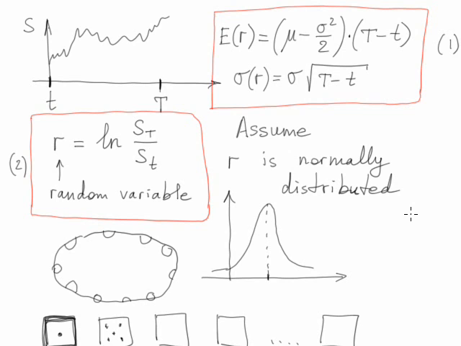So we see that R is a normally distributed random variable with expectation value ER and standard deviation sigma R. But in fact, this is not the only conclusion about this rate of return R, because if we keep in mind that S sub small t is a constant, essentially it tells us something about the distribution of the stock price itself.